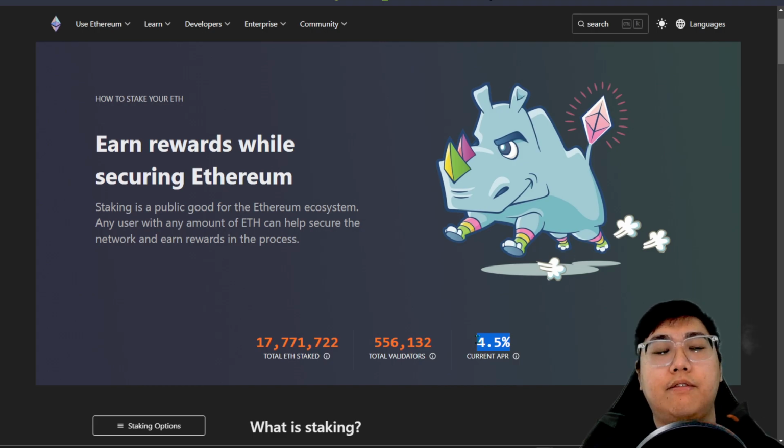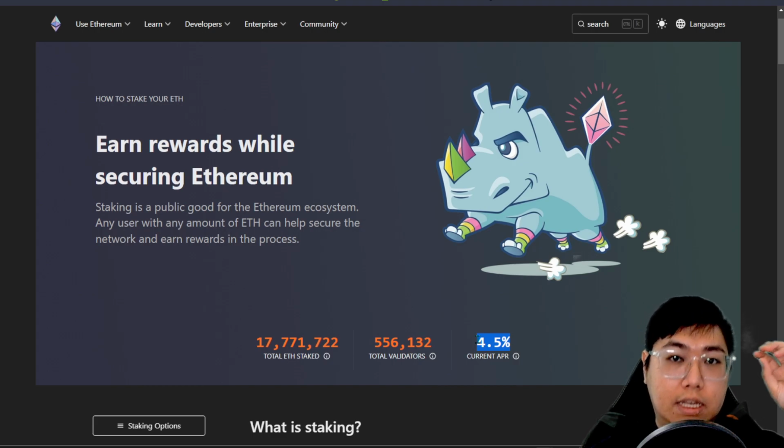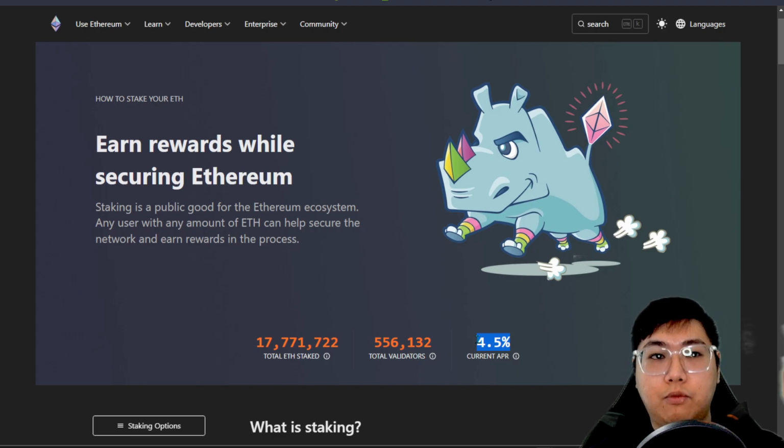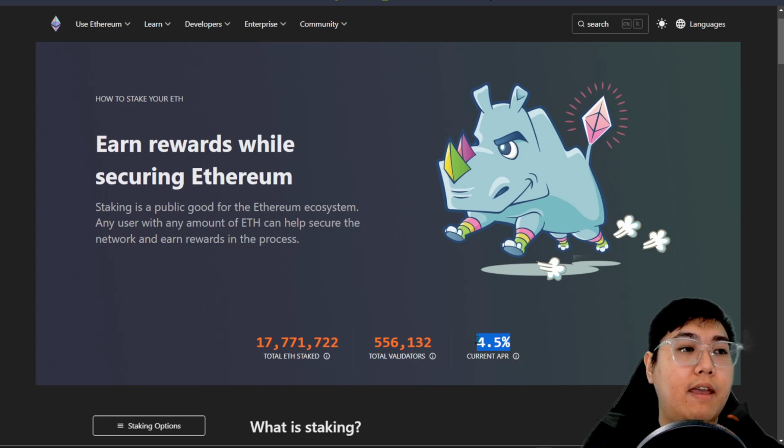Let's say there's a total of maybe 5 Ethereum worth of fees in the single block, you may absorb up to 4.5 or even 4 of this Ethereum that is in this single block. Therefore, the APR really differs if you are a super lucky validator that gets to propose a block. So it might interest you what Ethereum staking is.